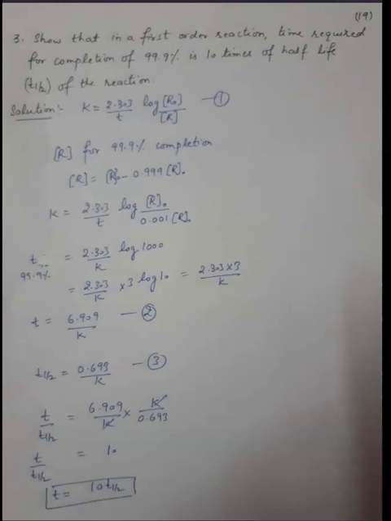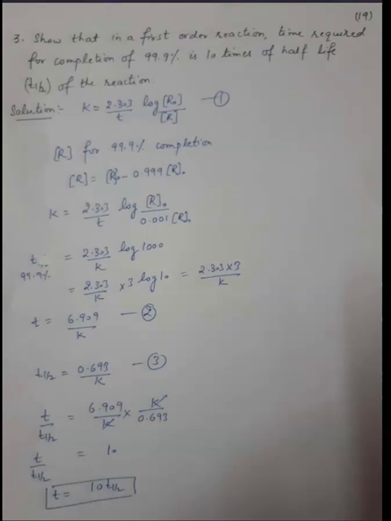Next, we have to show that in a first order reaction, the time required for completion of 99.9% is 10 times the half-life of the reaction. This is a first order reaction, so we will find the time. K is equal to 2.303 upon t log R0 upon R. Here R is equal to R0 minus 99.9% of R0. 99.9% of R0 means 0.999 R0.